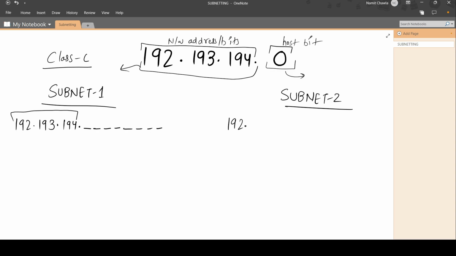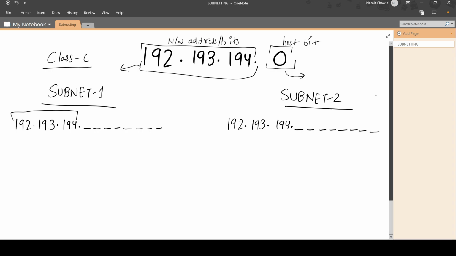Similarly, 192.193.194 and then the eight host bits. Now how many subnets am I supposed to create? 2 only. In order to get 2 subnets, or 2 separate values, how many bits do I need? I only need 1 bit. Let's say this is the 1 bit.